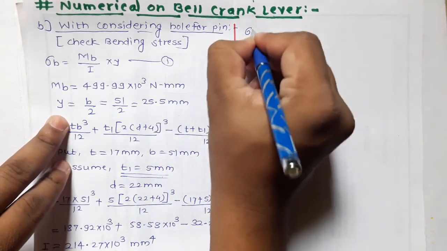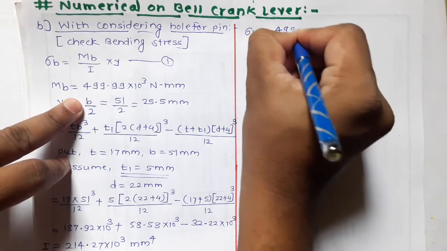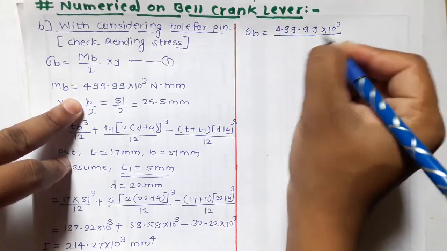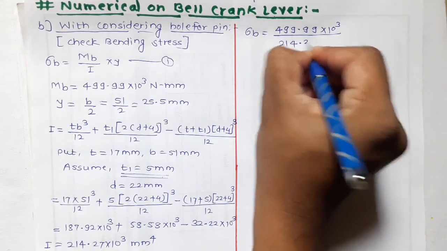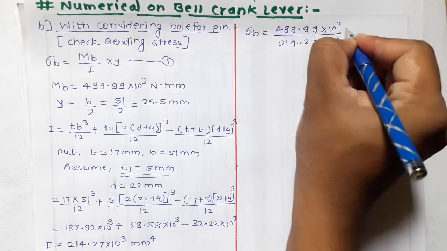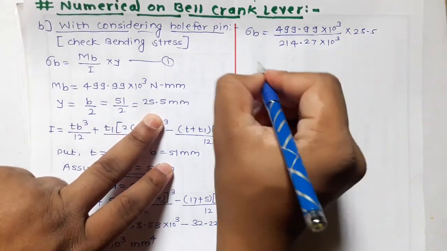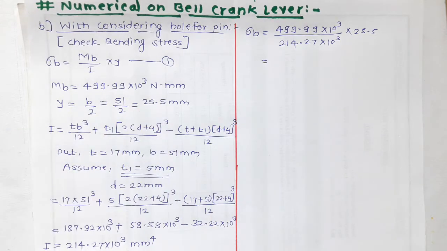So equation 1 becomes sigma b is equal to Mb is 499.99 into 10 raised to 3 upon I is 214.27 into 10 raised to 3 into Y is 25.5.